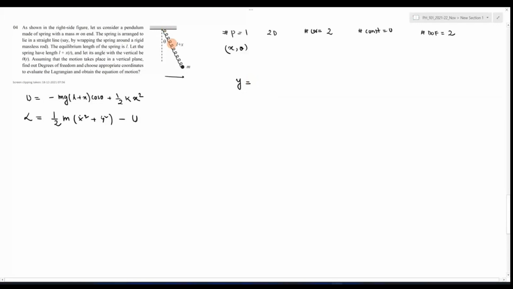This is L plus x, which will be your r in the spherical coordinate system. You can simply write half m r dot square, which is x dot square, plus r dot square plus r square theta dot square. Phi is not there, so r is (L plus x) whole square and theta dot is theta dot square. Can you write like this?